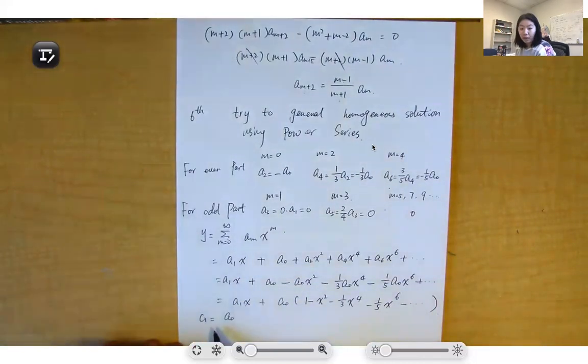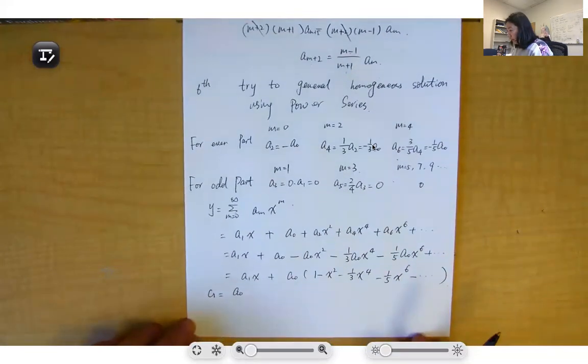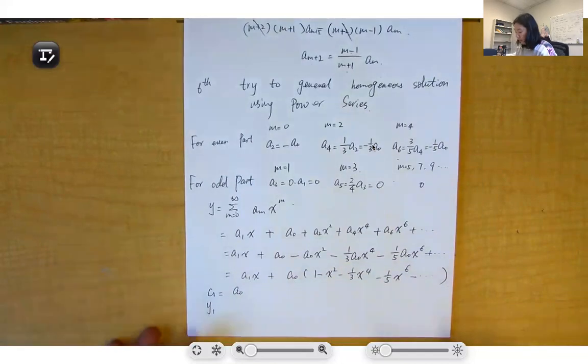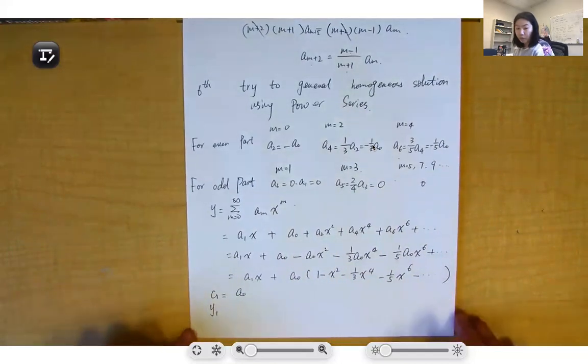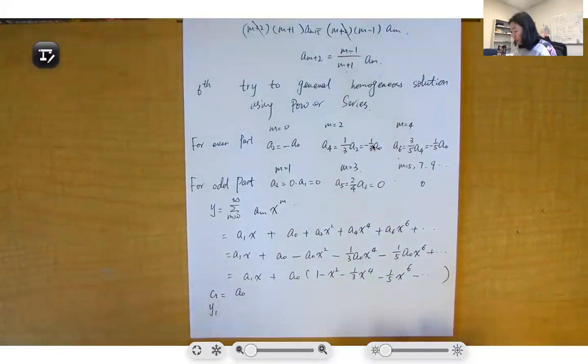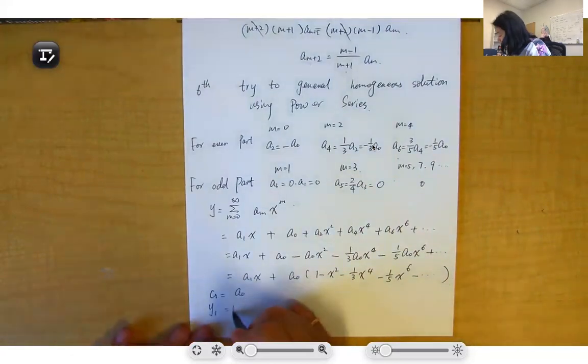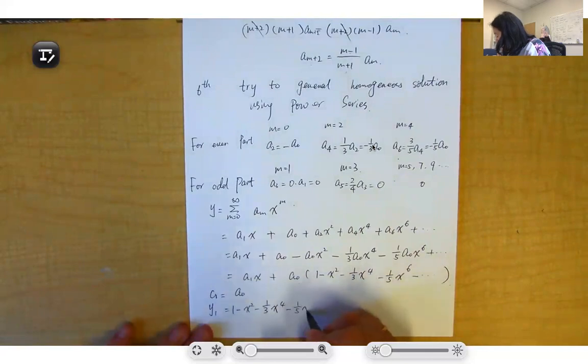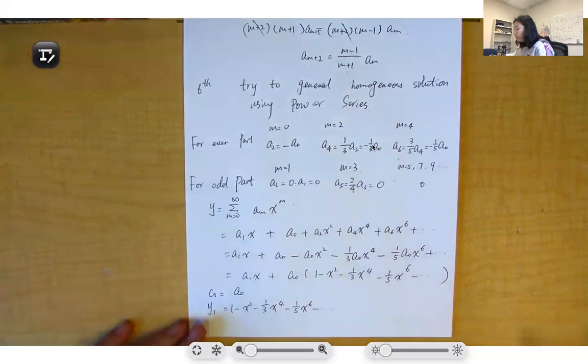That is the constant, and that is combined with y1, the first linearly independent solution, which is y1 equals 1 minus x squared minus 1 over 3 x fourth minus 1 over 5 x6 minus dot dot dot.